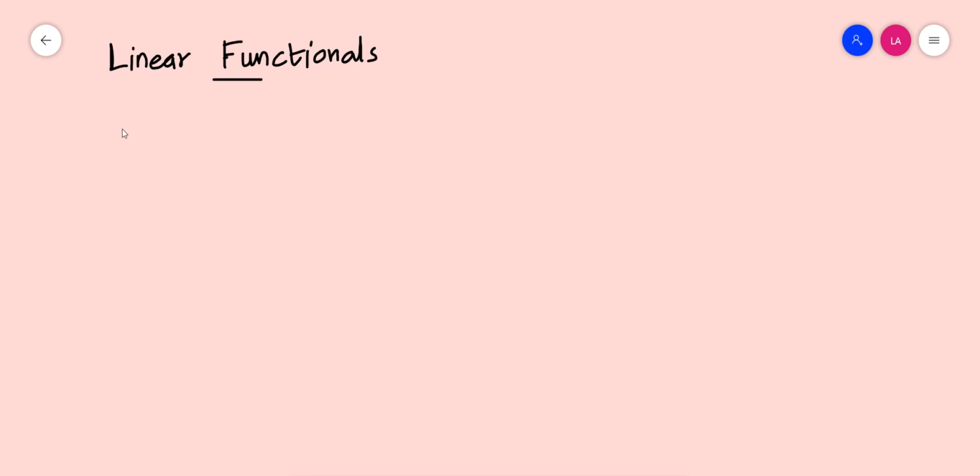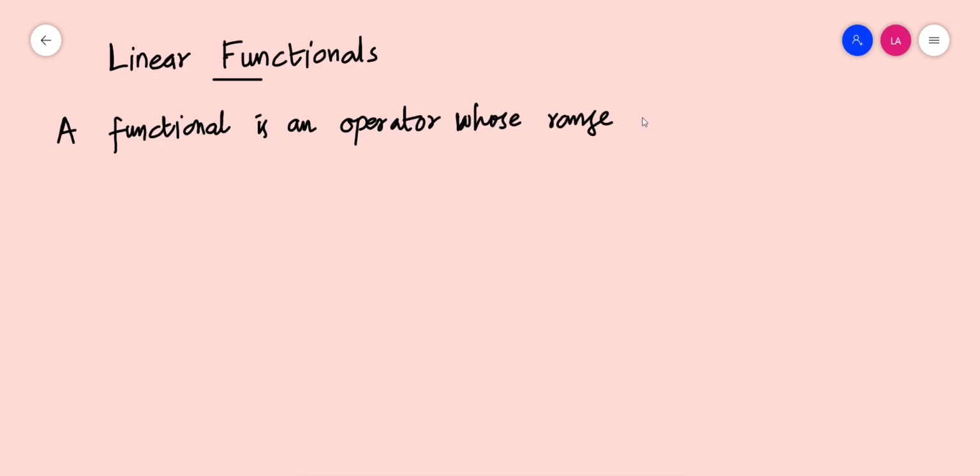Before getting into that, we must study what a functional is. A functional is an operator whose range set is either the set of all real numbers or the set of all complex numbers.